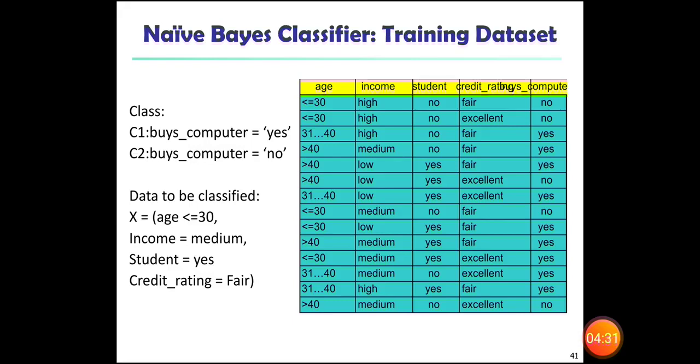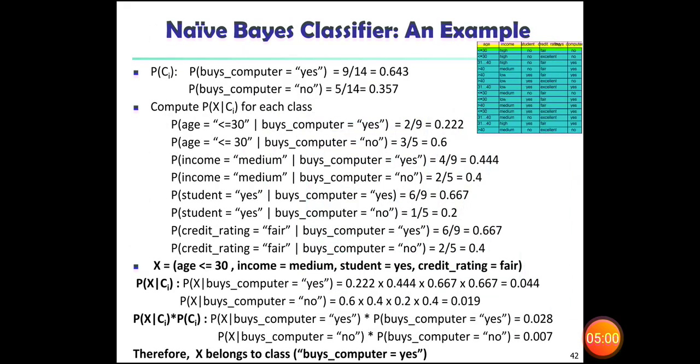When we categorize these values, each time we need to take one class label. Here age is one label, income is another label, then student, then credit rating. According to the class label we can categorize the value.